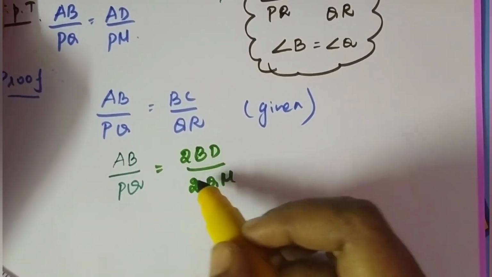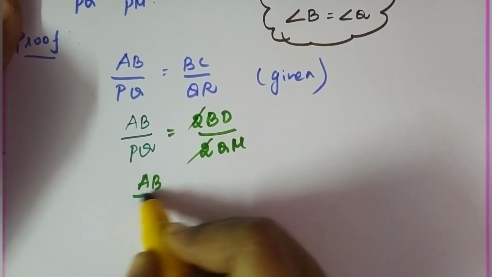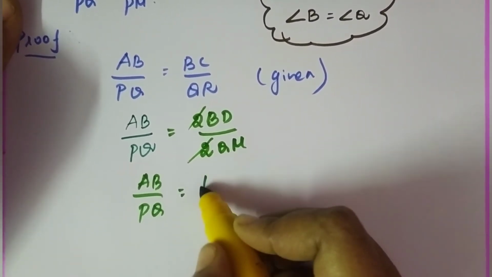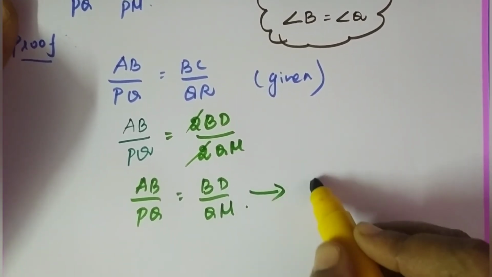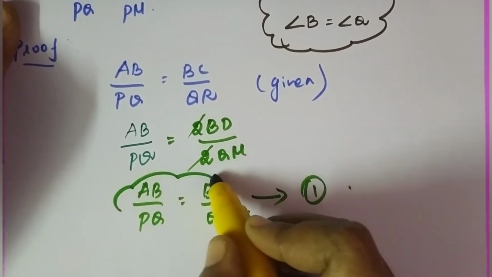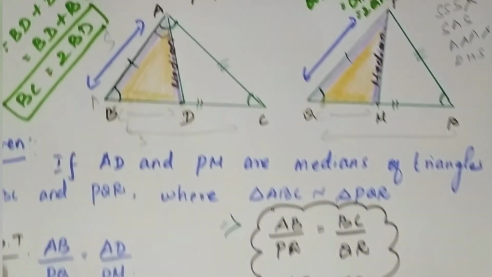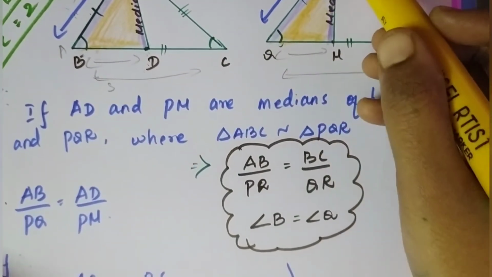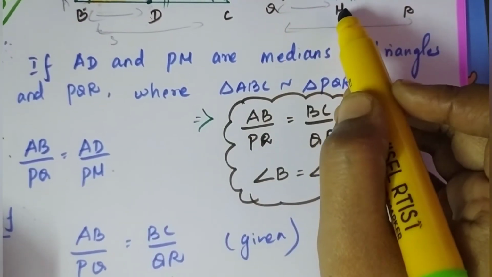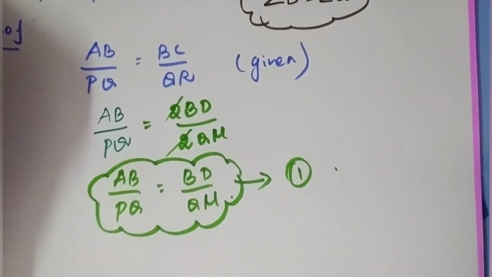Then we can cancel 2. Remaining is AB divided by PQ and BD divided by QM. Mark this as 1. Now AB is proportional to PQ and BD is proportional to QM, and we know that angle B and angle Q are equal.